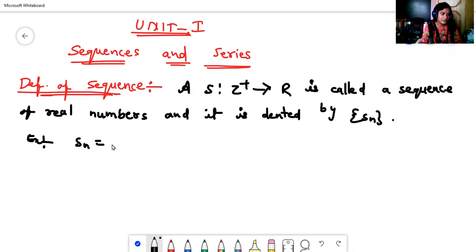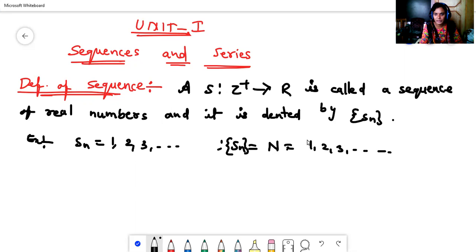For example, Sn is equal to 1, 2, 3, and so on. We can take Sn is equal to the natural number set. That is the sequence, Sn is equal to the natural number set, having the set of 1, 2, 3, and so on.